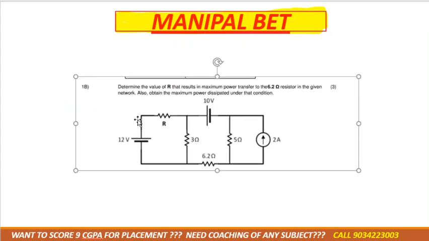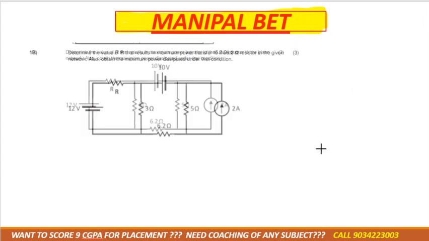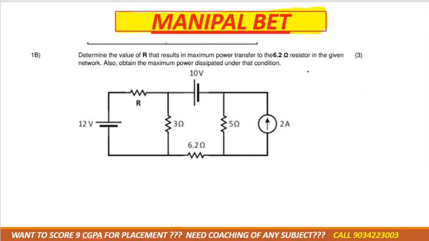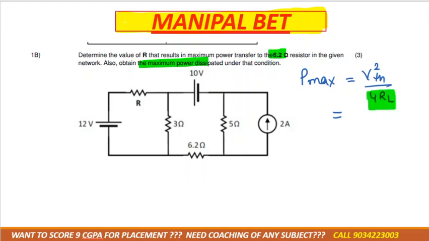Now the next part is they have asked you to calculate the maximum power. P max is equal to V square TH divided by 4 RL, right? As I just told, they ask you to calculate the maximum power. RL we already know, that is 6.2, but we need to calculate VTH.